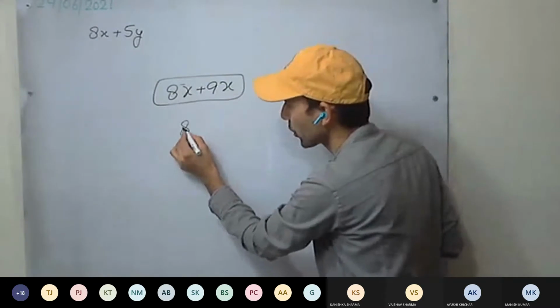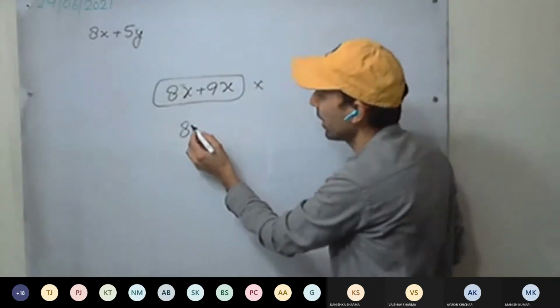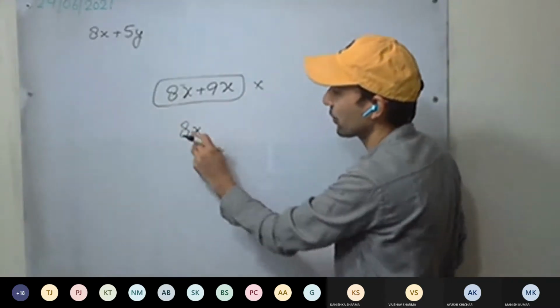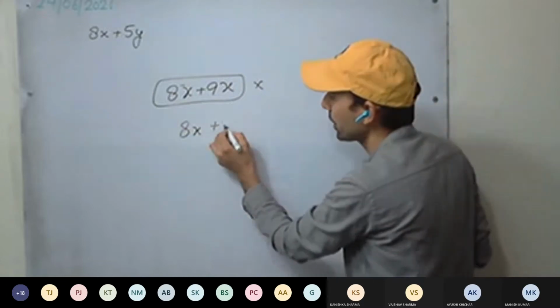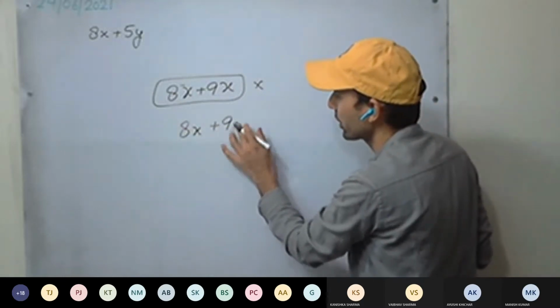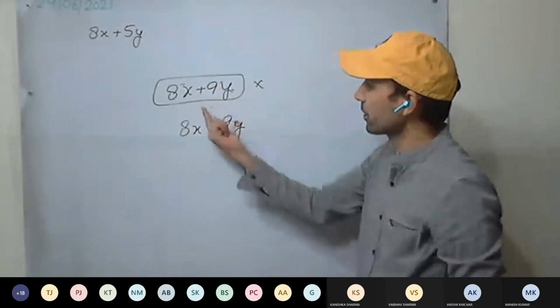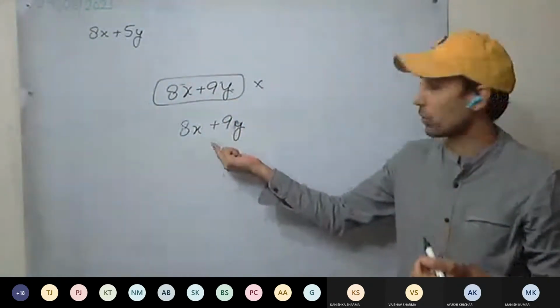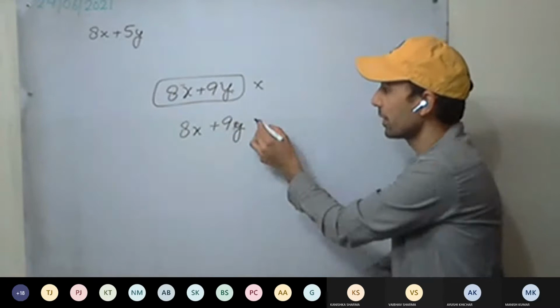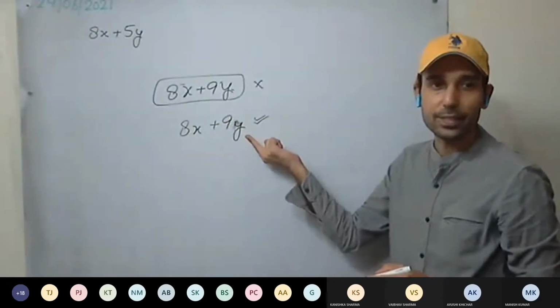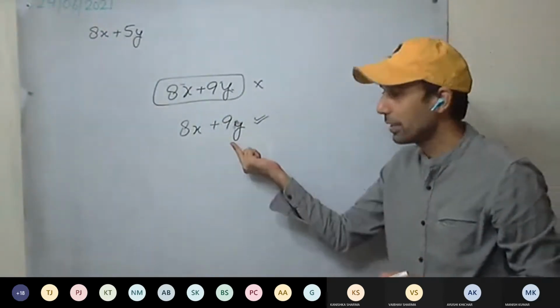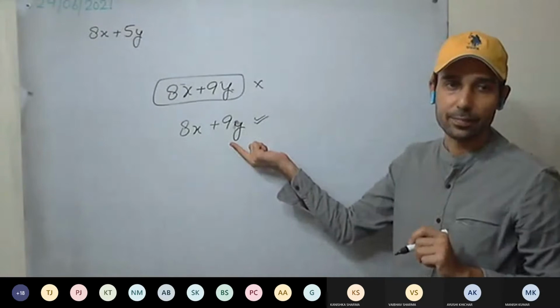Write constants a little bit bigger and variables half of their size, plus 9y. Which is better to look at or better to solve? This is better. So we'll start writing like this.